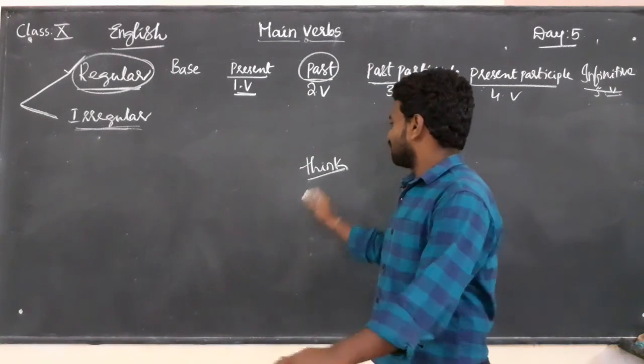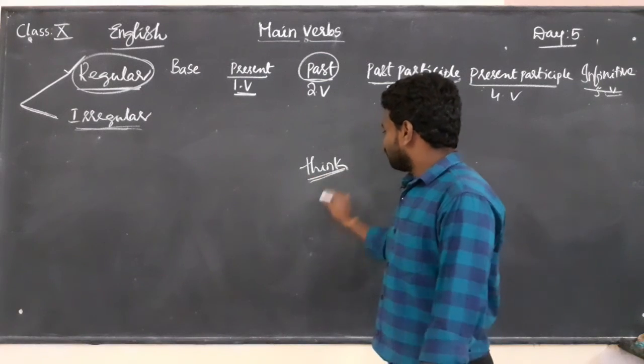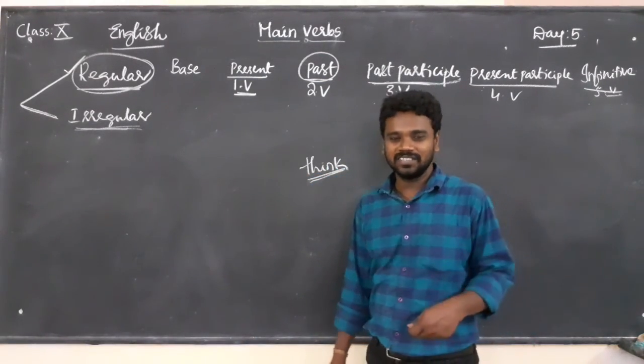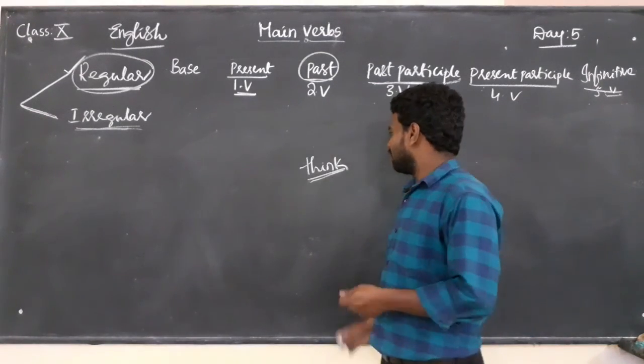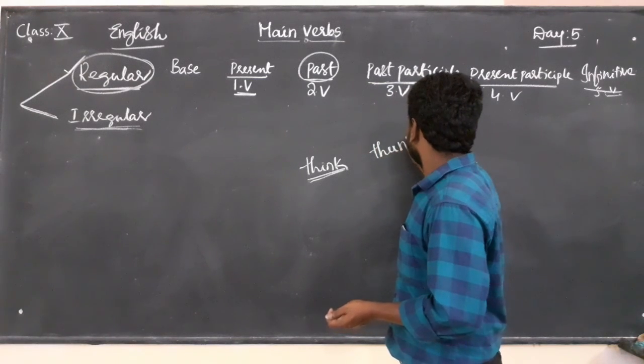The teacher asked, how did you write it? The student replied, I thought many times. I thought about it in many ways, and finally I wrote think, thunk.